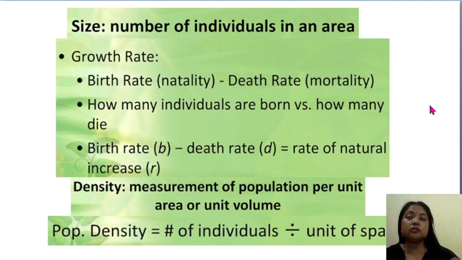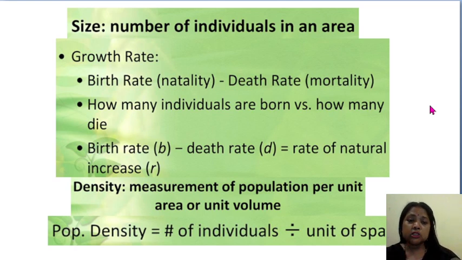The population size means the number of individuals in an area, and it depends upon the growth rate of the population. The growth rate means birth rate minus death rate.